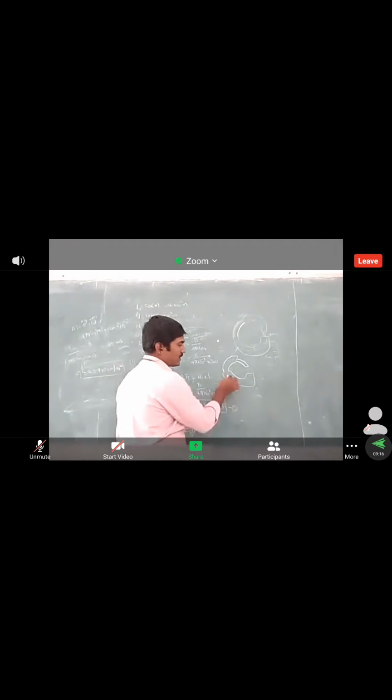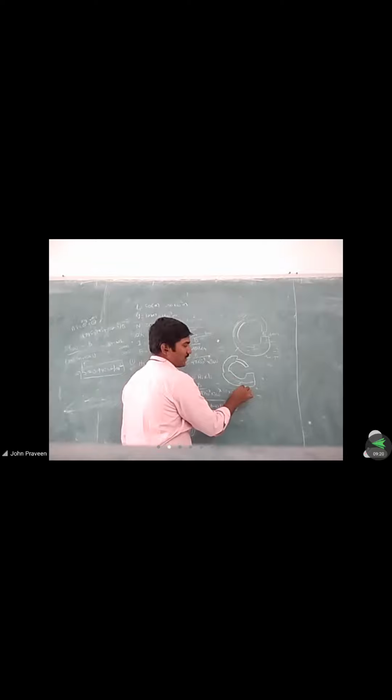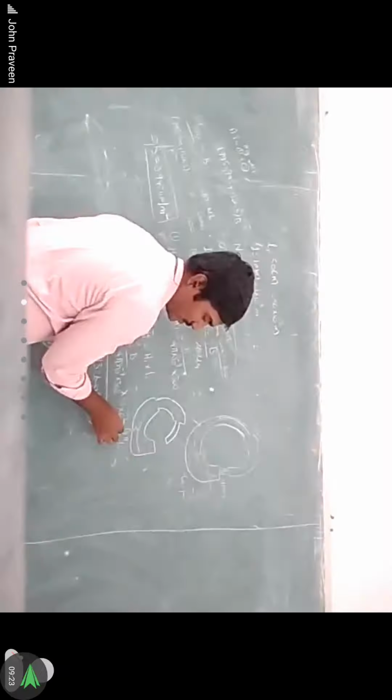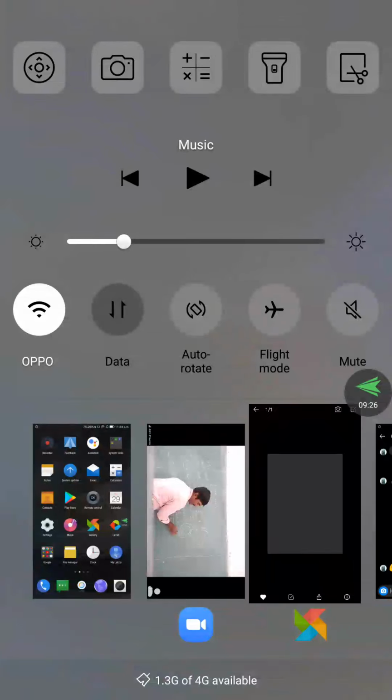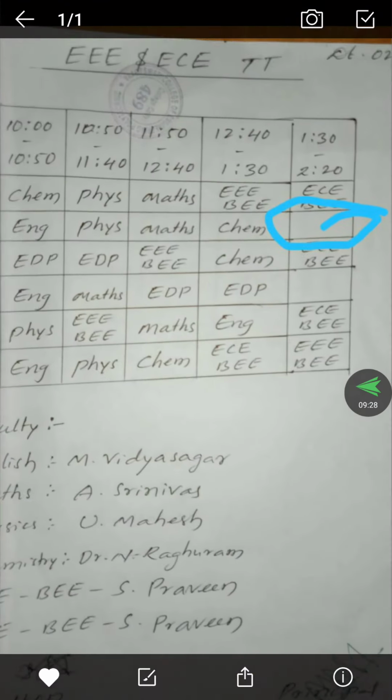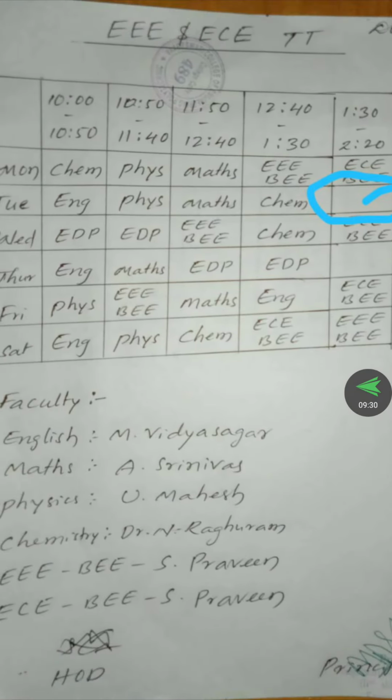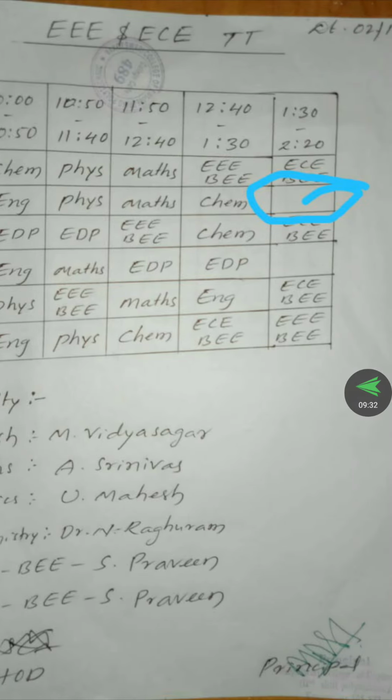So there are things we want to find out. Totally we have 4. From here to here, it is one length, that is the flux density B1, and H1 we want to find out. L1 is given. Similarly from here to here, the length is L2, so we need to calculate B2 and H2.